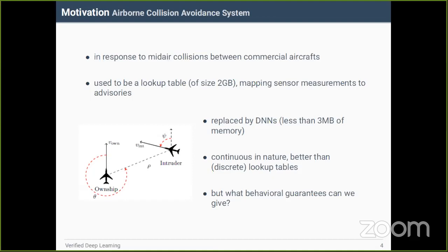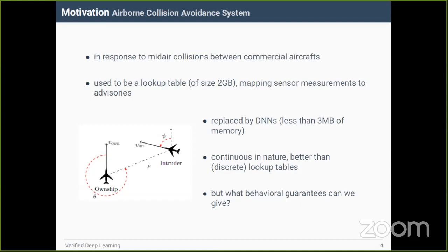So this airborne collision avoidance system had to have a way to know, if you see some intruder coming from somewhere, and the sensor senses some of these parameters, what to do. You want to give some instruction to the own ship, so that you can avoid a collision if possible. So depending on the sensor inputs, you want to give an instruction to the own ship.